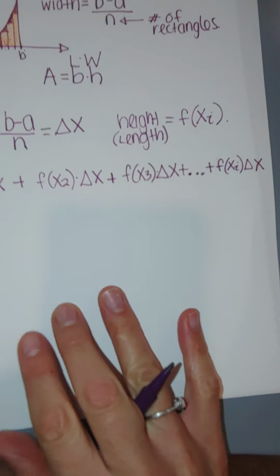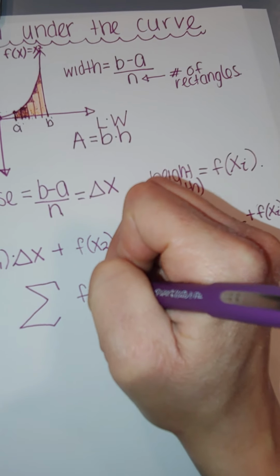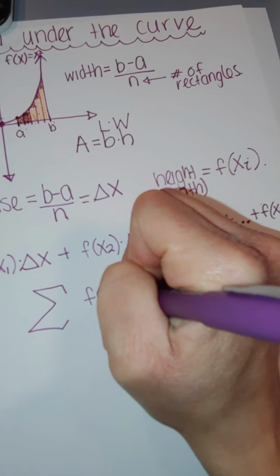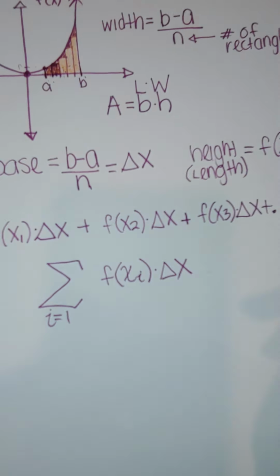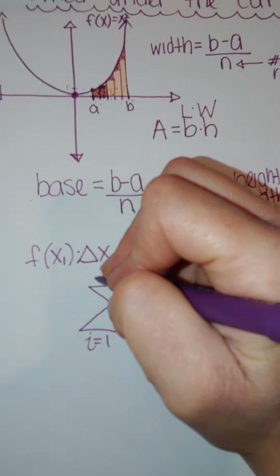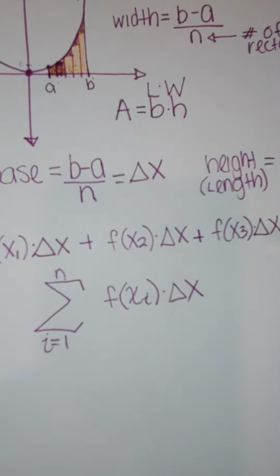All right, so that's a summation. If I add up all of these, I'm taking the sum of each height times its base. I'm going to start with the first rectangle, and I'm going to end with the last rectangle.